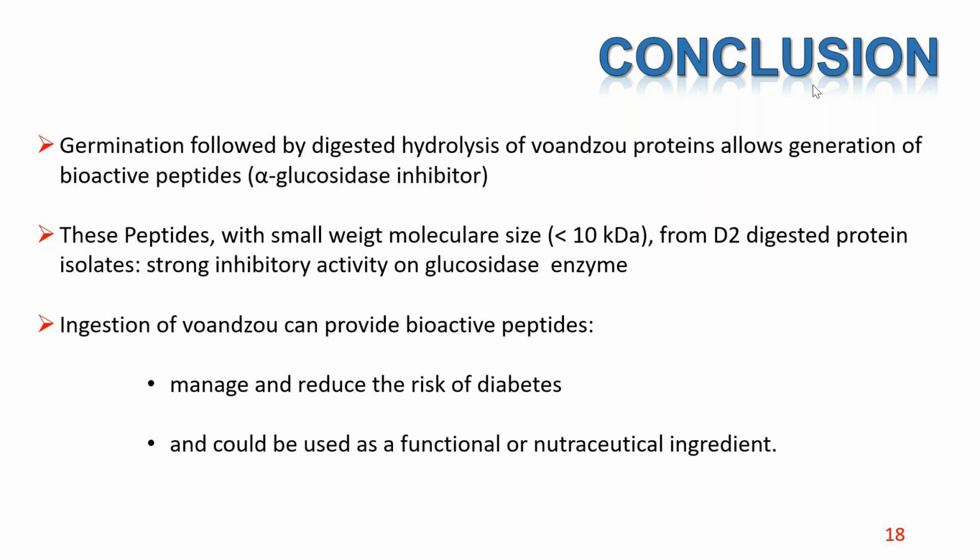So we can say that the ingestion of this plant, Wanzhou, can provide bioactive peptides that can manage and reduce the risk of diabetes, and this could be used as a functional and nutraceutical ingredient in the treatment of diabetes.